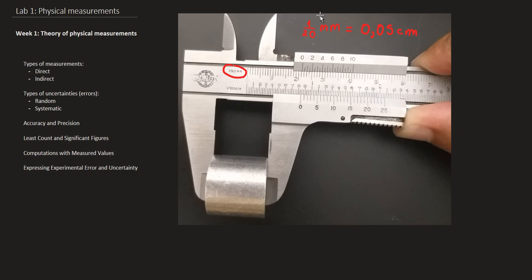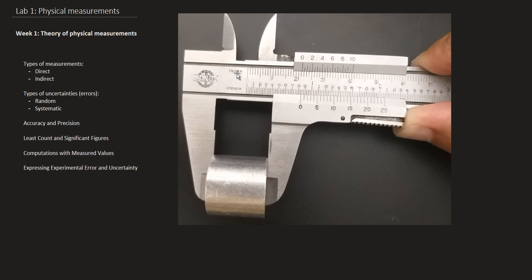So our first example here is given by this picture. You can see here that we have a device which is useful to measure distances. This is the caliper, and this caliper has some scales. One is the English scale, measured in inches, and the other is the international system, which here is measured in centimeters and millimeters.